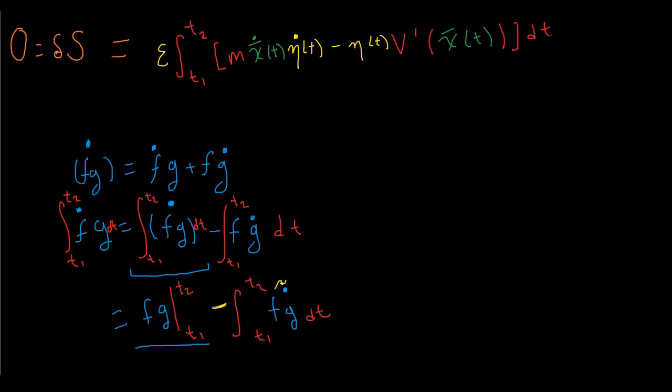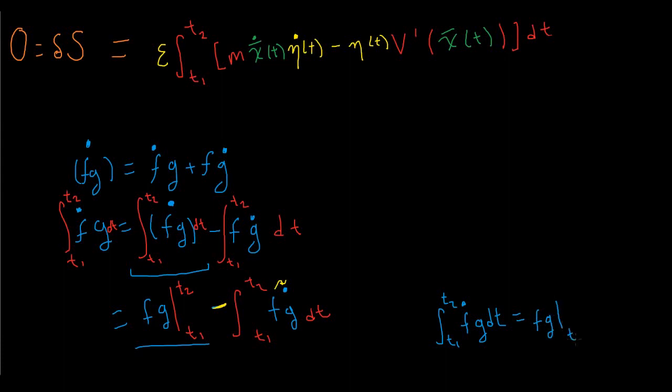And actually, maybe I'll rewrite it here kind of neatly. T1, let's write it here. f dot g dt. I'm going against my color coding a little bit, but that's all right.